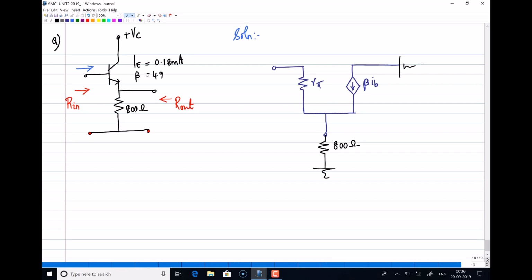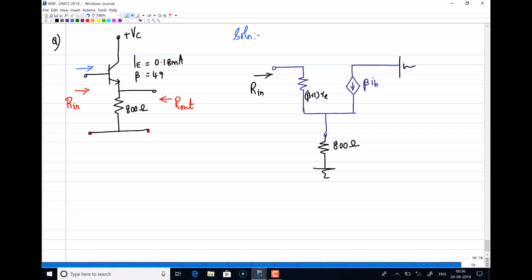The first thing is we need to find both input and output resistance. The transistor is replaced by the equivalent model R pi, or I can write this as beta plus 1 into Re. And here there is a resistance. So the first thing is to find the input resistance Rin.